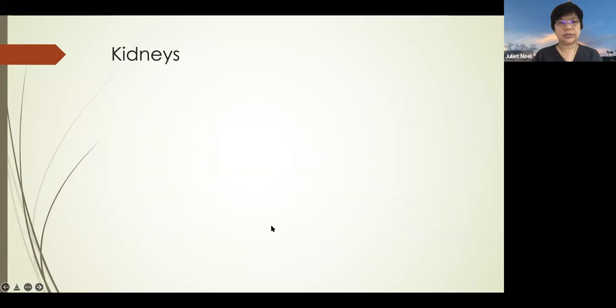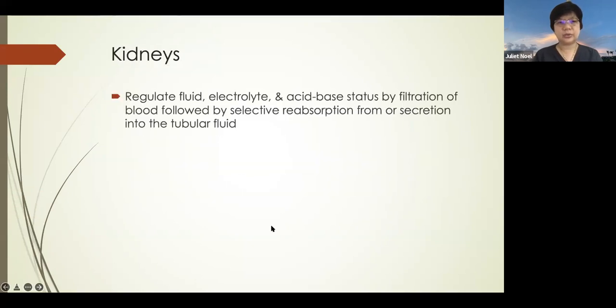So let's just review. You know that the kidneys' function is to regulate fluid, electrolyte, and acid-base status by filtration of blood, followed by selective reabsorption from or secretion into the tubules. So it is always filtration, reabsorption, and secretion.